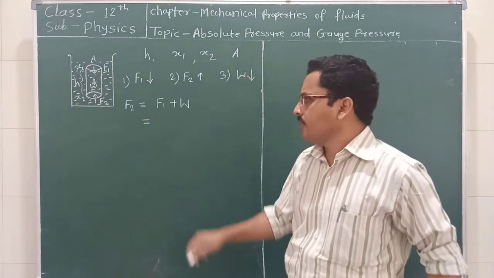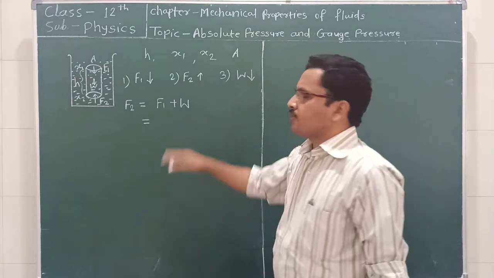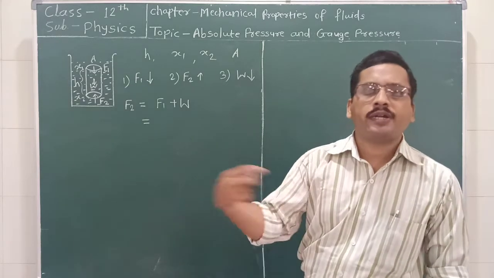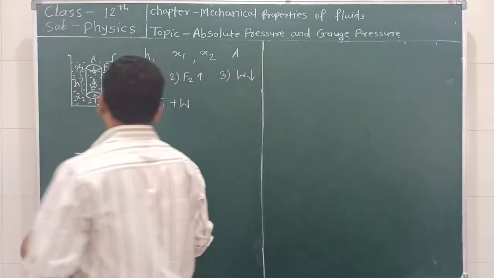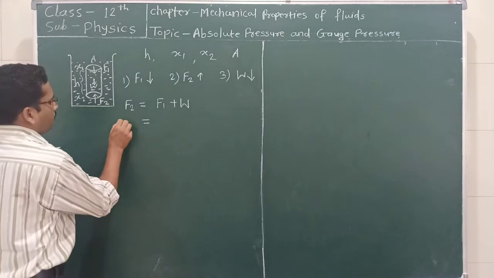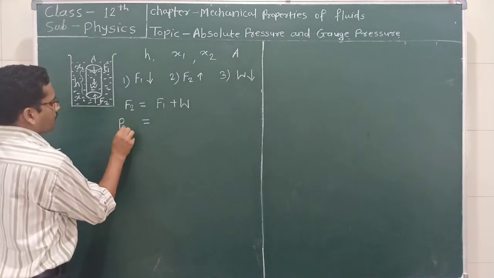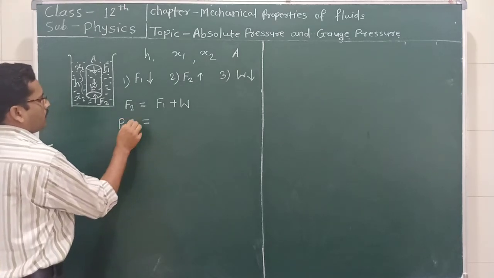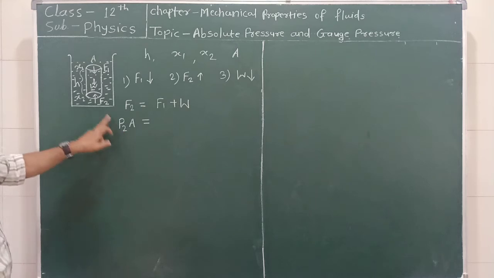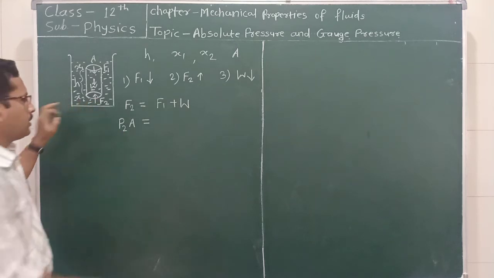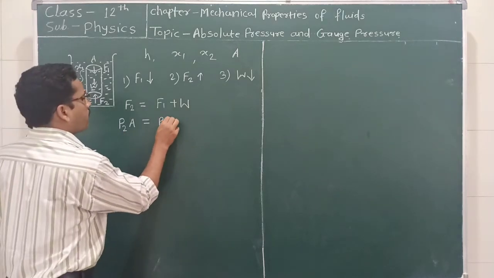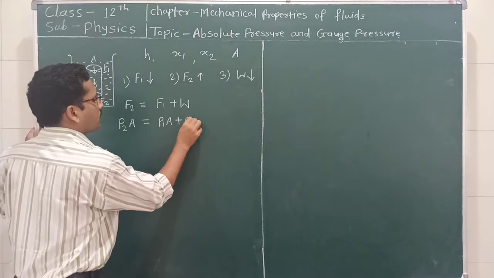Therefore, force is equal to pressure multiplied by area. So here we can write the force acting on the lower face as P2 multiplied by A, that is the pressure acting on this surface, equal to P1A plus mg.